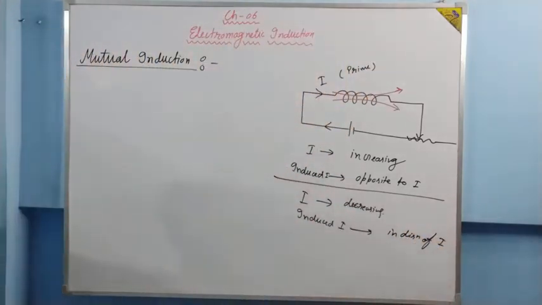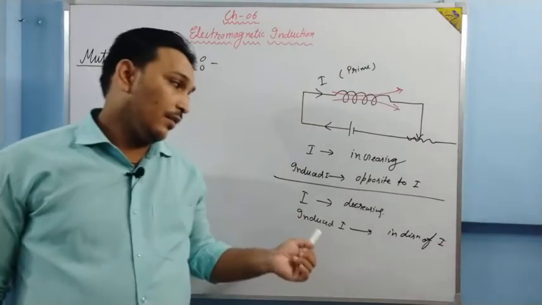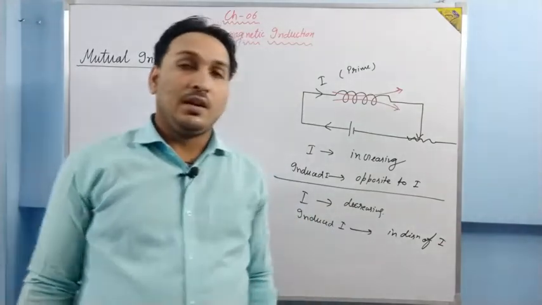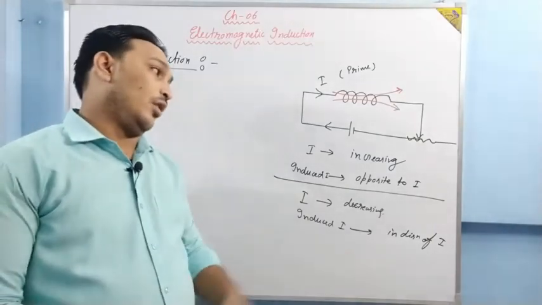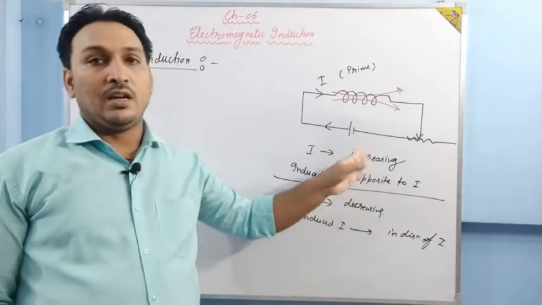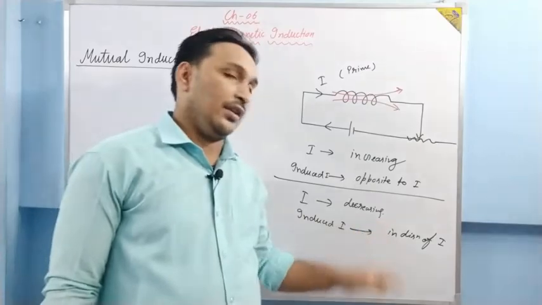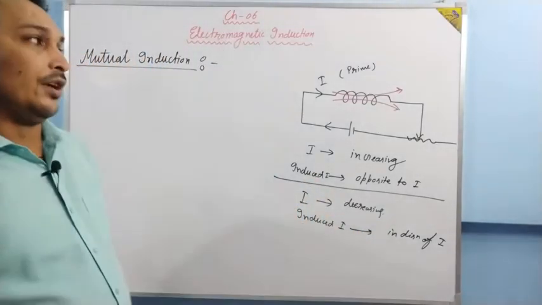When I is increasing, induced current is opposite to I. When I is decreasing, induced current is in the direction of I. Because we have to oppose the increase and we have to support the decrease. Okay? That we have studied.